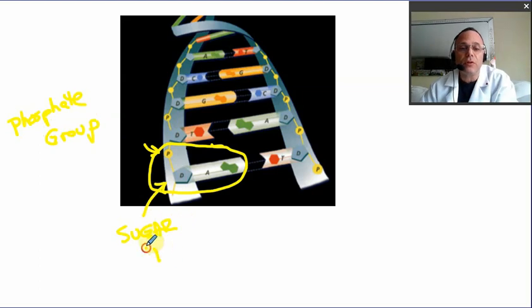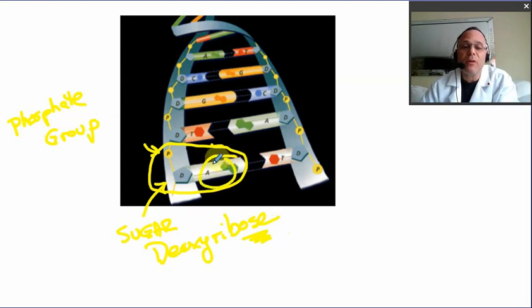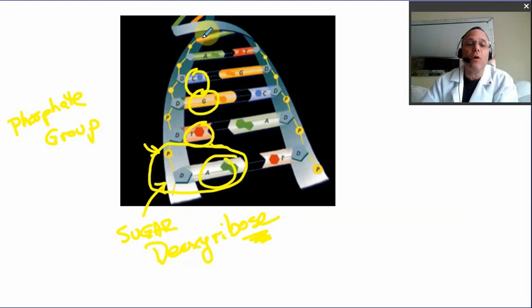In this case, the sugar is called deoxyribose. And what helps us understand that it's a sugar is the way it's written. It has an OSE ending. But the thing that can be different are those nitrogenous bases that are on the inside. The outside is called the backbone, and the inside is known as the rungs, similar to a ladder.